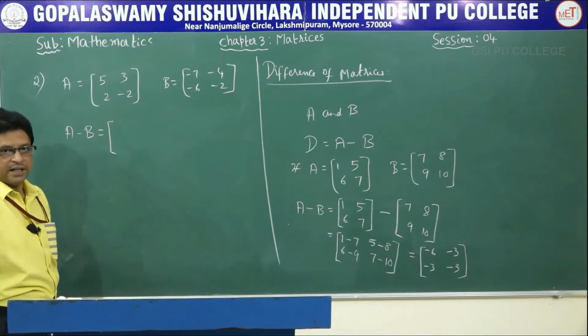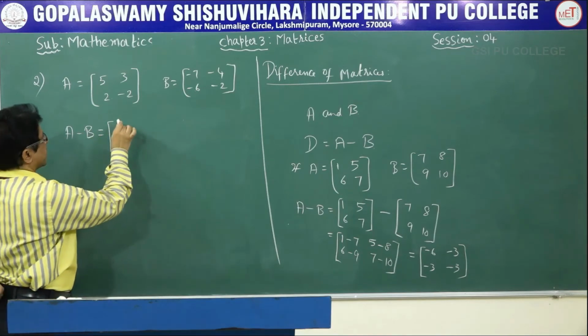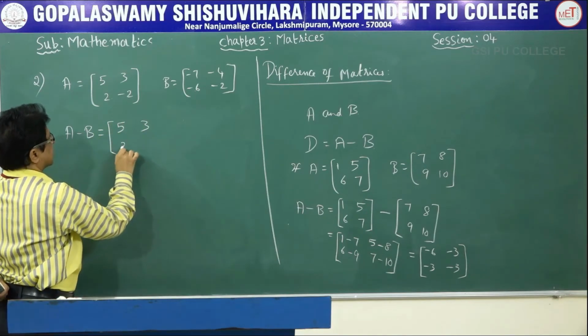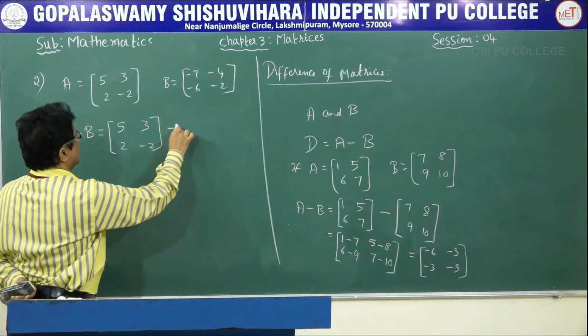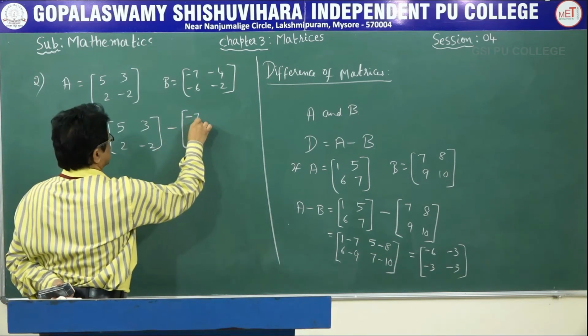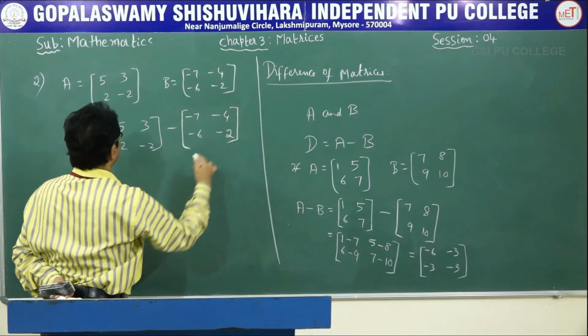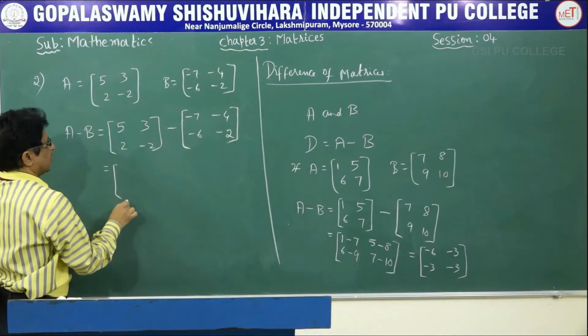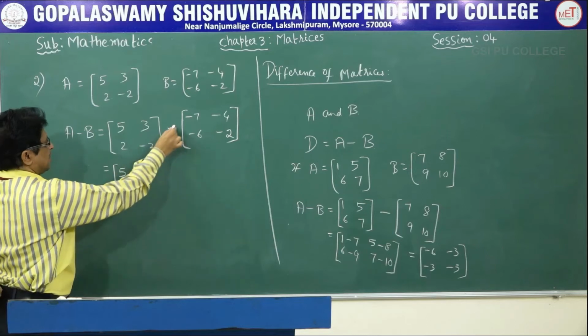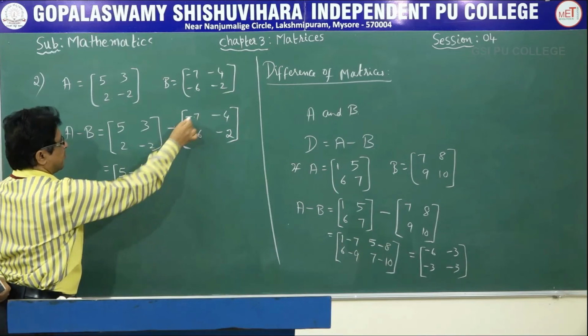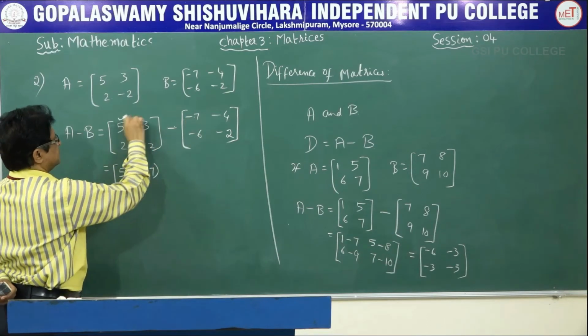Next we consider the difference of their corresponding elements. That is 5, 3, 2, minus 2, minus 7, minus 4, minus 6, minus 2, which is equal to 5 minus of minus 7.